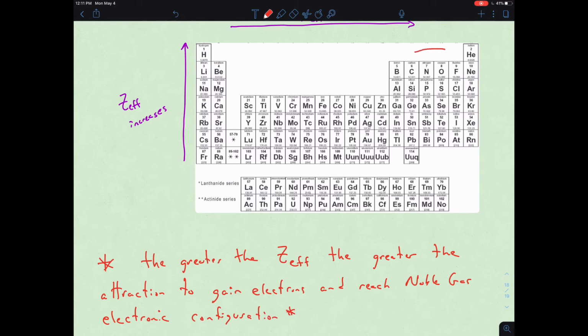Remember, we were talking about before things that want to gain electrons, things that want to lose electrons, right? We have things that like to gain electrons because we have a high Z effective, or a large Z effective.